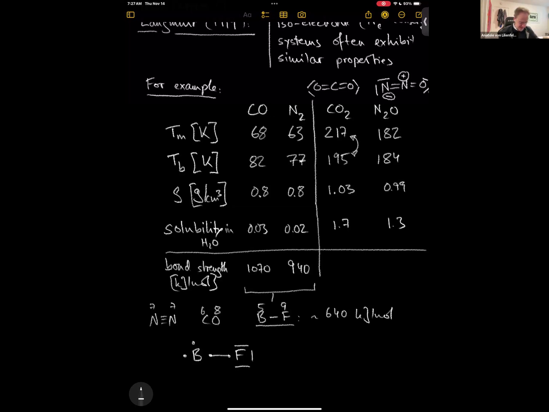So clearly this is a single bond as opposed to a double or triple bond, CO and N2. And also you do have some radical character here, which will not help with the stabilization of this bond.